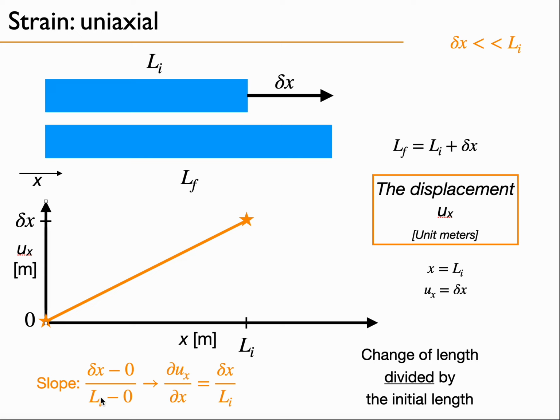Since it's the slope, it is also the derivative of ux, the function here, with regard to x. So dux dx is equal to delta x divided by Li. It is a change of length divided by the initial length.